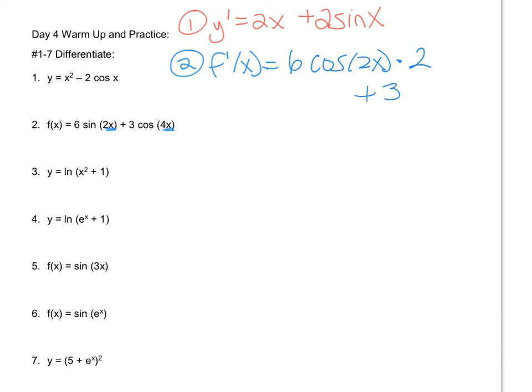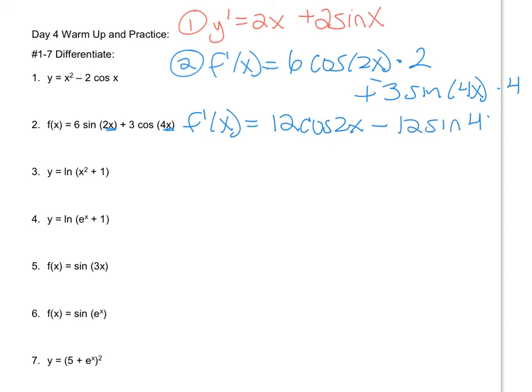The derivative of cosine is negative sine, so we'll do negative sine times the derivative of 4x. So simplifying that, we get 12 cosine 2x minus 12 sine 4x. You can multiply the 6 and the 2 and the negative 3 and the 4.